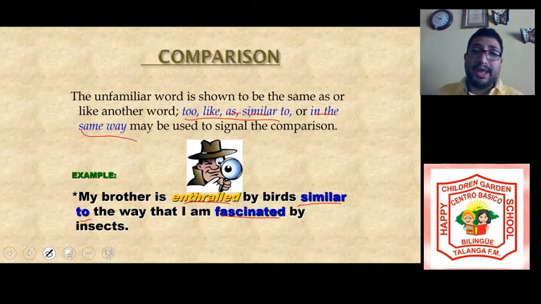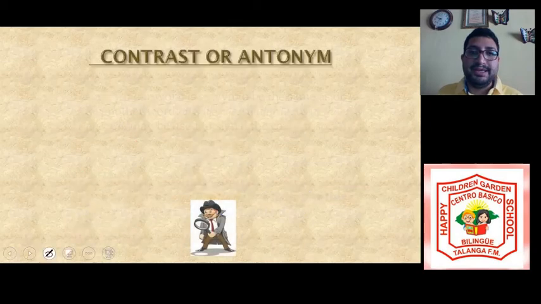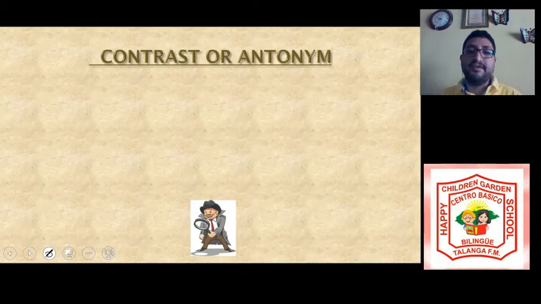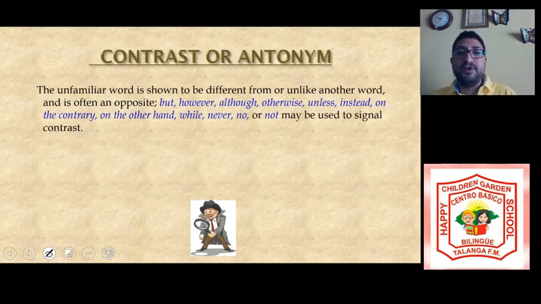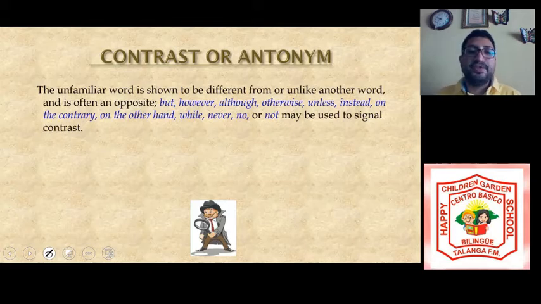The second and last context clue we're going to be seeing today is contrast or antonym. If we have a comparison, we're going to have a contrast. If we have a synonym, we're going to have an antonym. So the unfamiliar word is shown to be different from or unlike another word, and it's often an opposite.